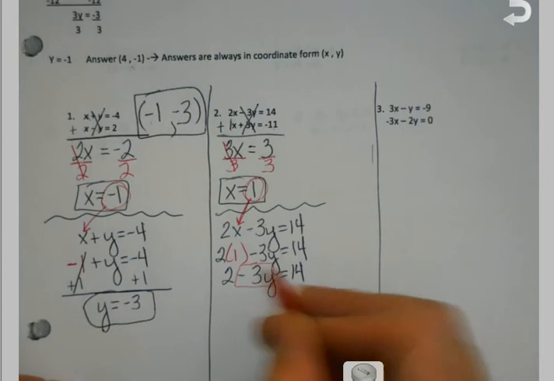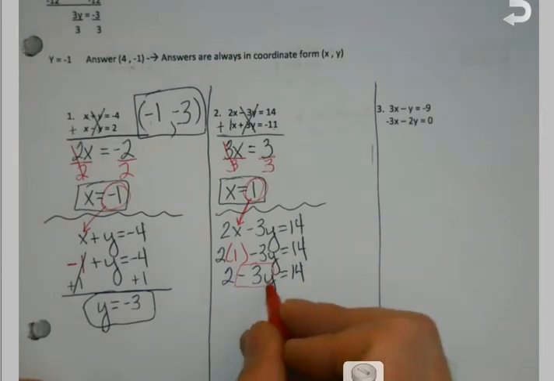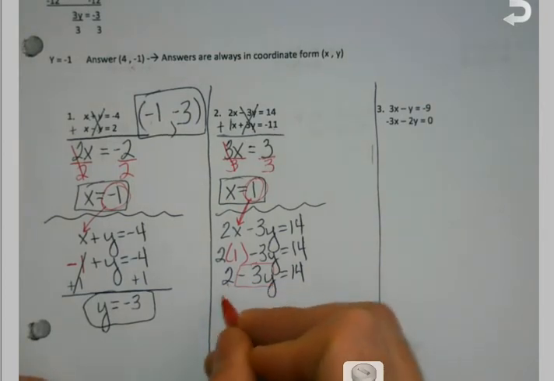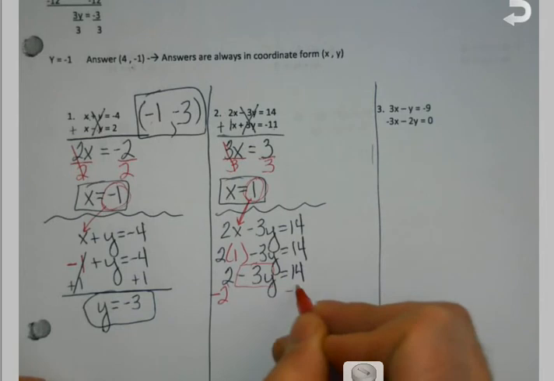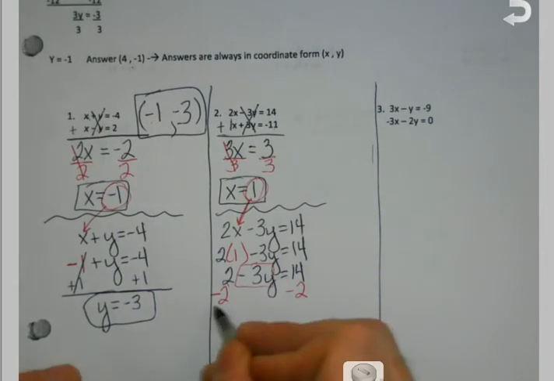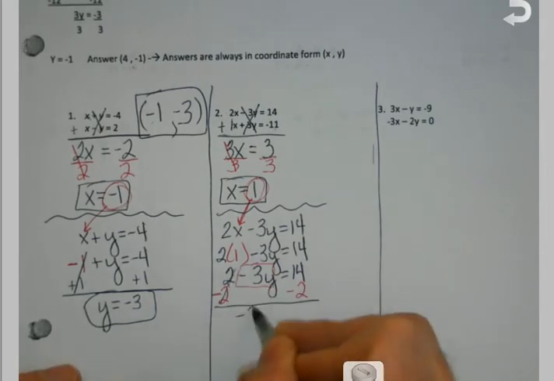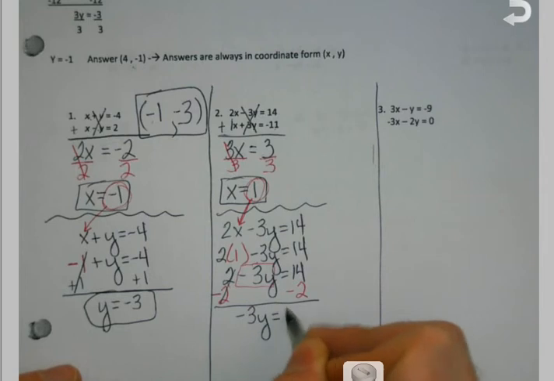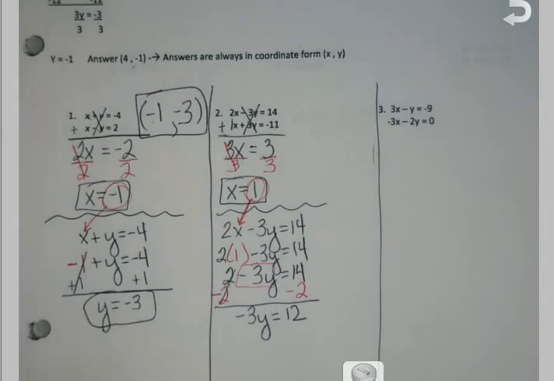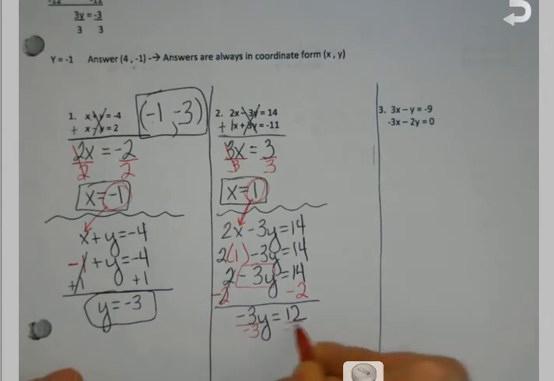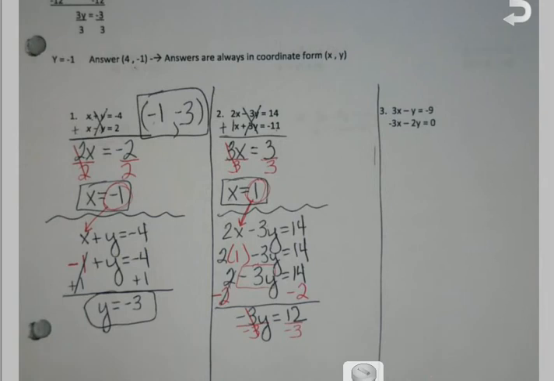Get that y term alone. To get this alone, I've got to get that positive 2 out of there, so I'm going to minus that out. And then, I'm not minusing 3 from y, I'm multiplying negative 3 times y.